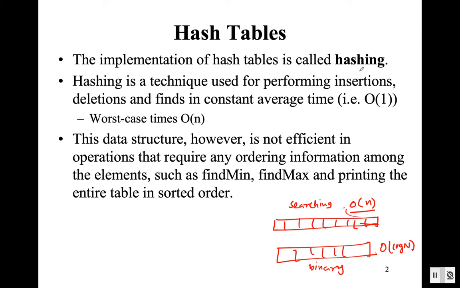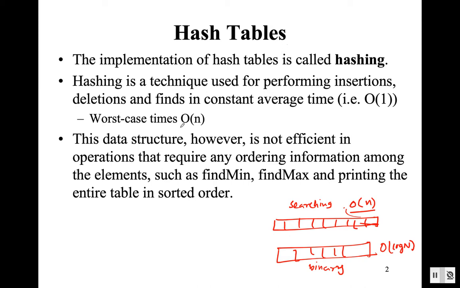Now, what we want is to find an item, to search an item. In the average case we want the runtime to be constant. In that case we can use a hash table and the hashing technique.